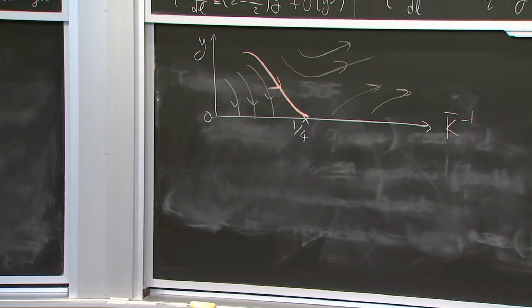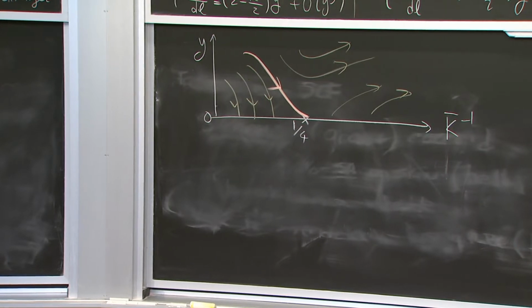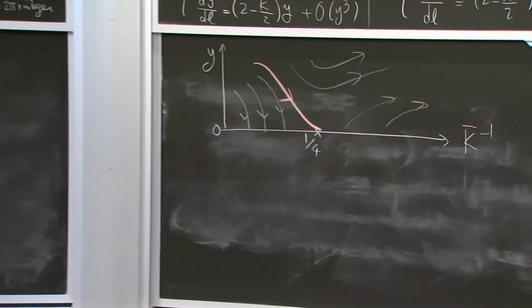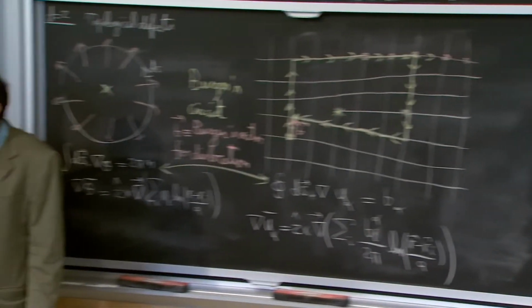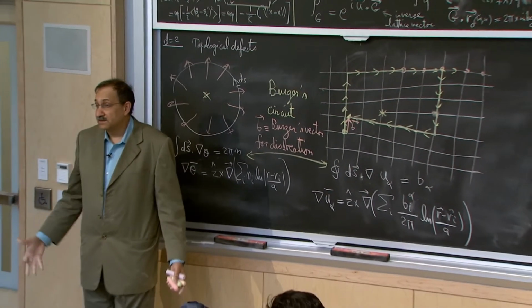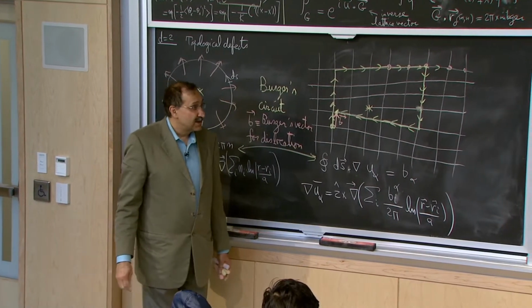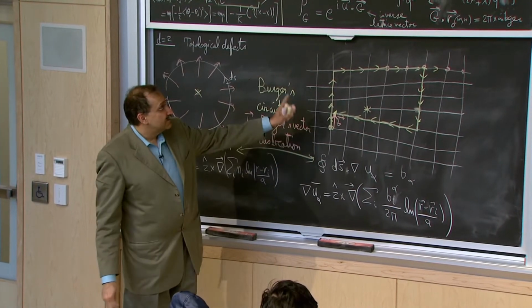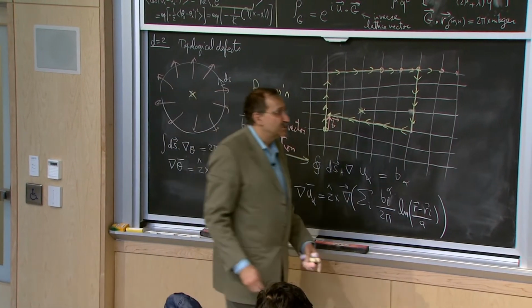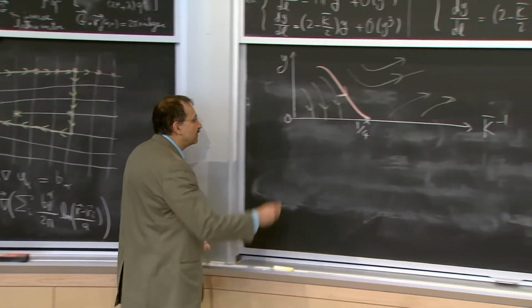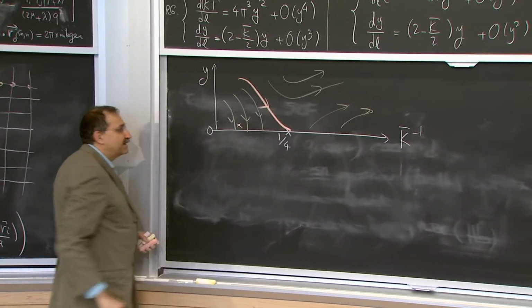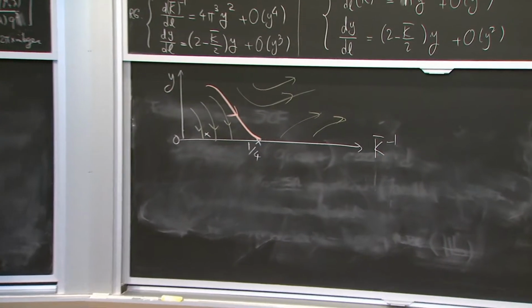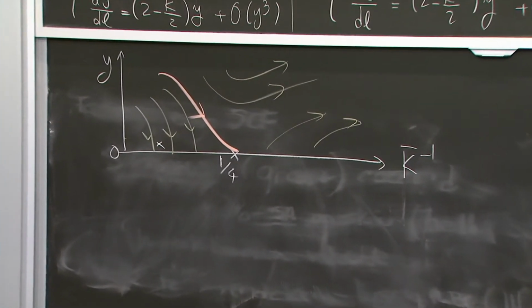And presumably, as I heat up my original system, my lattice, different types of lattices, at low temperature, I can figure out what this combination of mu and lambda is that gives me some value of k. And there is some kind of a core energy for the vortices that I can calculate.